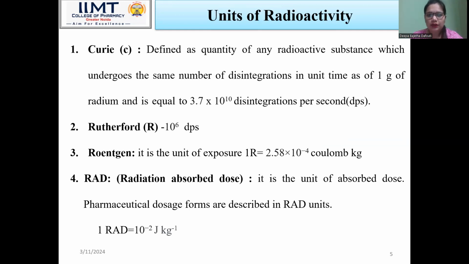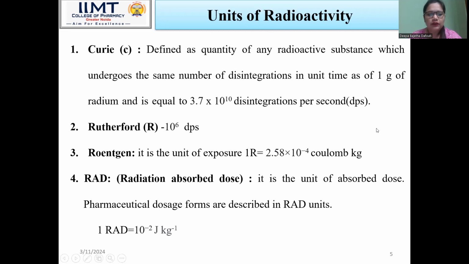So what are the units of radioactivity? First is Curie, denoted as a small c, defined as the quantity of any radioactive substance which undergoes the same number of disintegrations in unit time as 1 gram of radium, and is equal to 3.7 into 10 to the power 10 disintegrations per second, DPS.